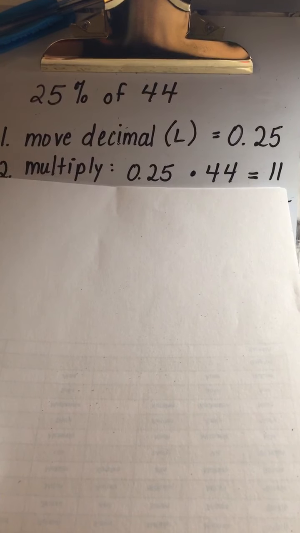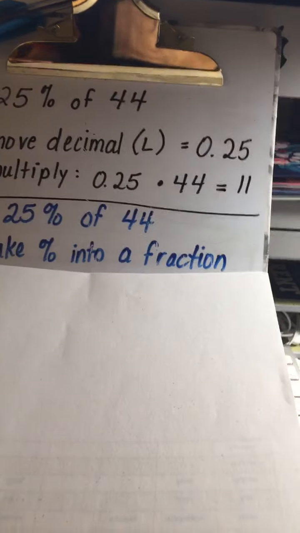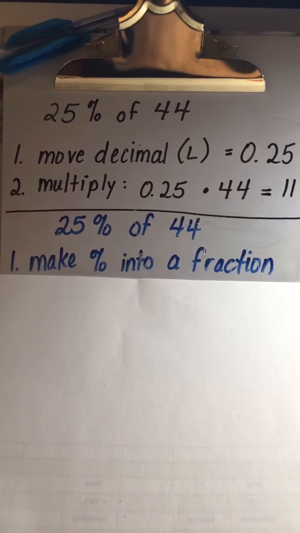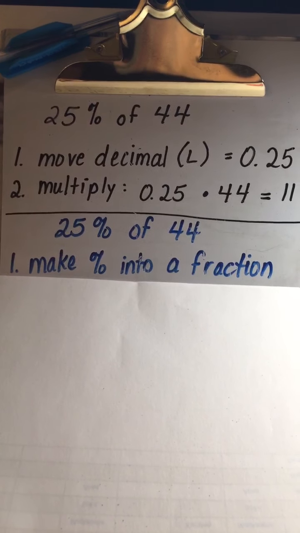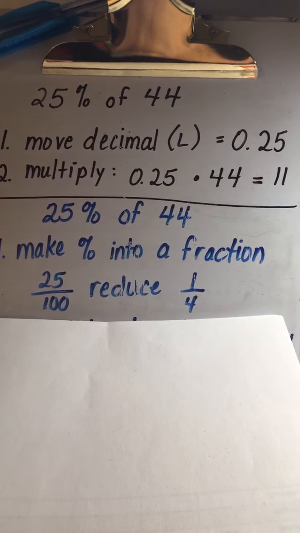A second method to finding out the percent of a number is you can make your percent into a fraction instead of a decimal. So 25%, if we wanted to make that into a fraction, would be 25 over 100.